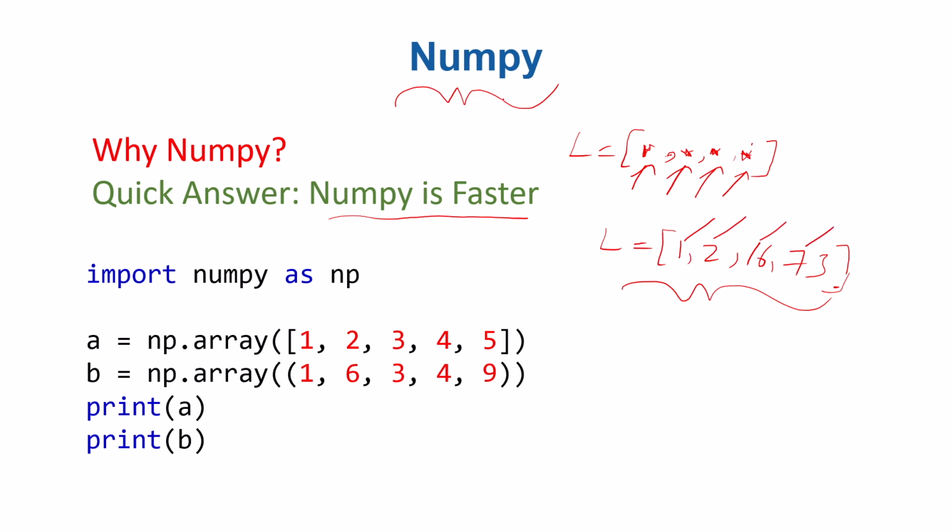NumPy is efficient with respect to both. It is efficient with respect to memory, because if the type is the same, we need not save information about each element, just the information about the type, since the type is the same for all elements. Further, when the type is the same, we can write functions that are much faster than with a list.